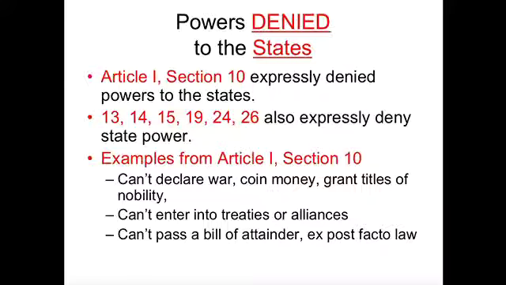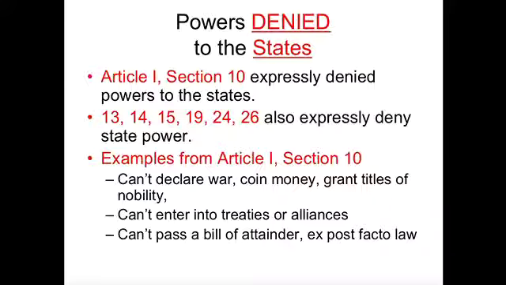And the 15th says you can't deny the right to vote based on race. The 19th Amendment gives women the right to vote. The 24th Amendment abolishes poll taxes. And of course, the 26th Amendment gives 18 to 21-year-olds the right to vote. These expressly deny state power.